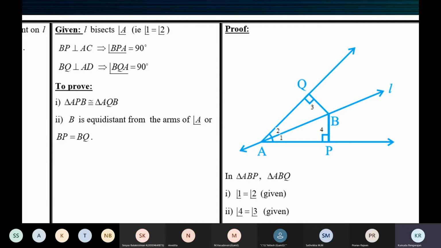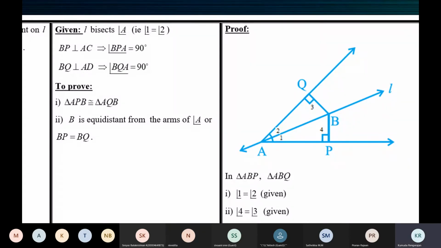Why are 3 and 4 marked 90 degrees? They are perpendicular. Ma'am, they're perpendicular, ma'am. Where is the point B? In the L line here. B is any point on the line L. Correct? Yes, ma'am. Okay. Now, what is BP? What is BP?